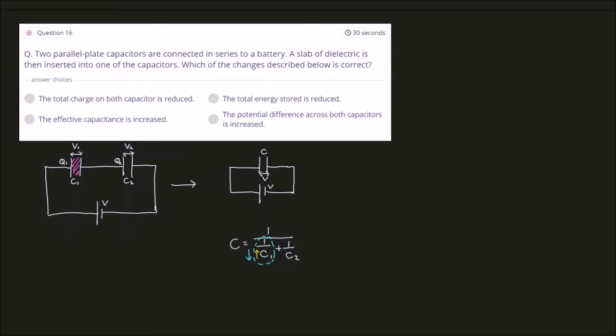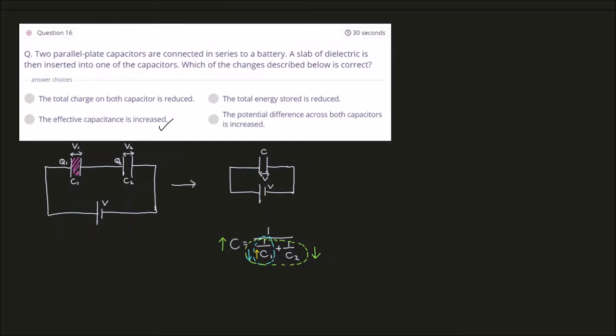If you look at everything overall, this should be a decrease. But since this is below the fraction, eventually it will cause the effective capacitance to actually increase. So we have our correct answer: the effective capacitance is increased.